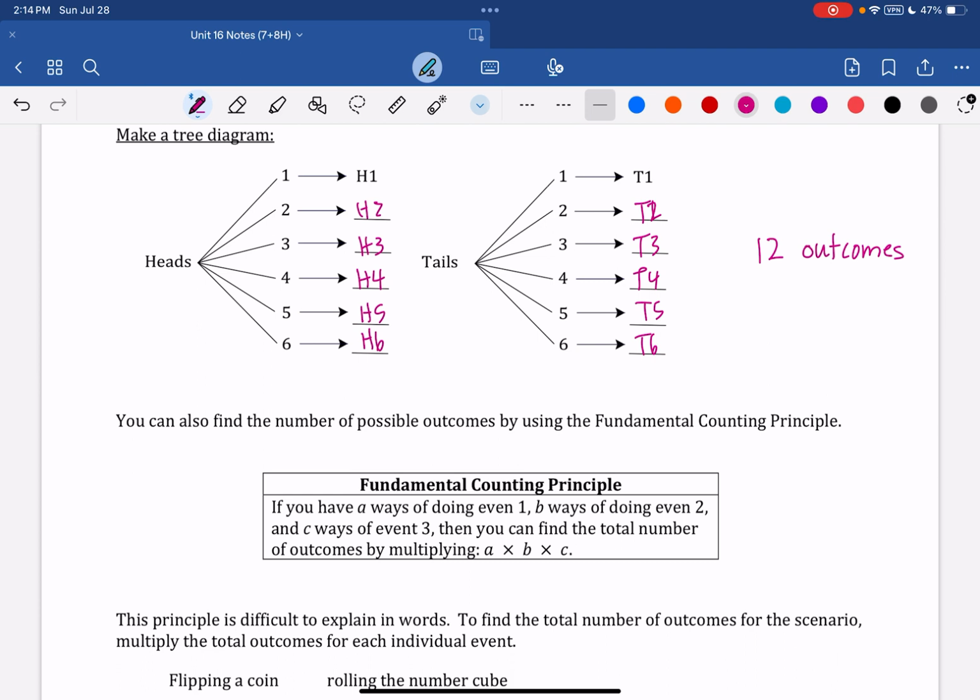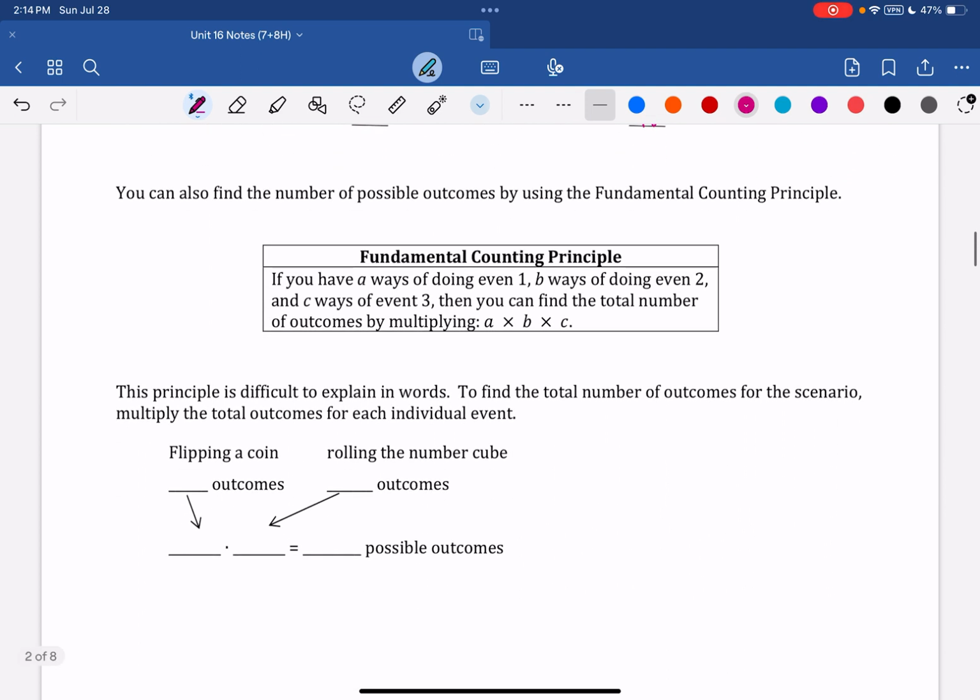So we also have something called the fundamental counting principle. The fundamental counting principle says if you have A ways of doing event 1, B ways of doing event 2, and C ways of doing event 3, and so on and so forth, you can find the total number of outcomes by multiplying A, B, and C. So we had 2 ways for heads, 6 ways on our dice.